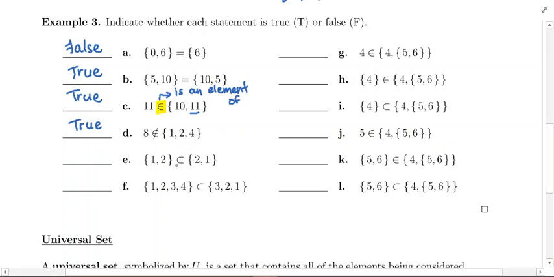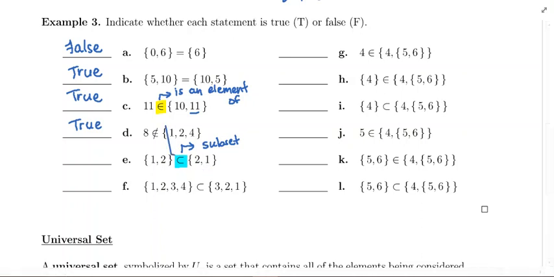All right, part E. Again, what does this symbol mean? That is the subset notation. So is the set {1, 2} a subset of the set {2, 1}? Remember what subset means.